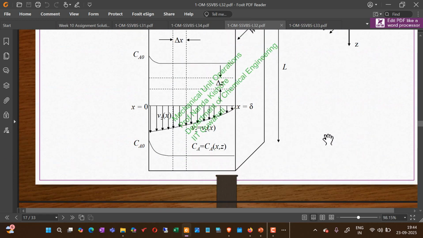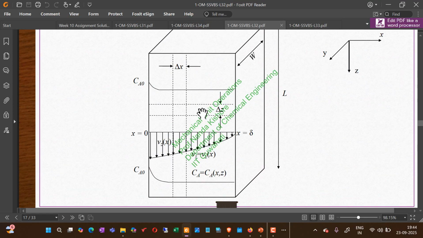In this diagram, this is the falling film of B, and A is diffusing into B. At the interface the concentration is maximum, and then it decreases. The concentration decreases with respect to X and also with respect to Z, because the film is falling like this. The same will happen with the temperature if temperature is there, right?